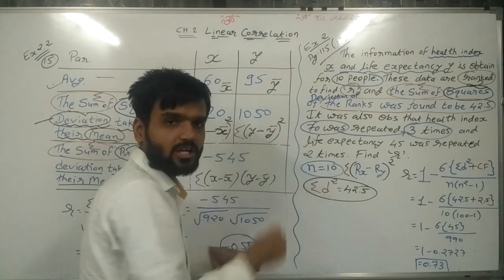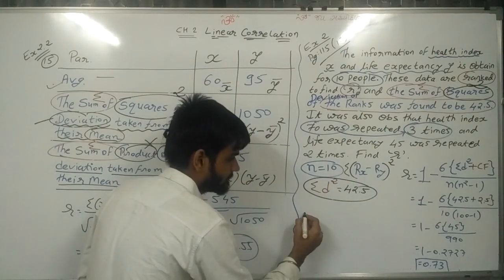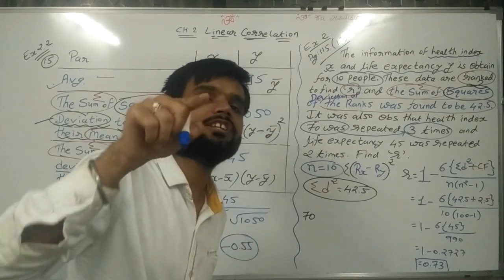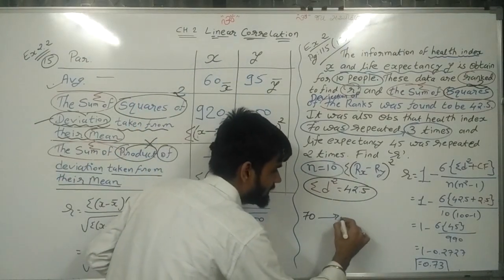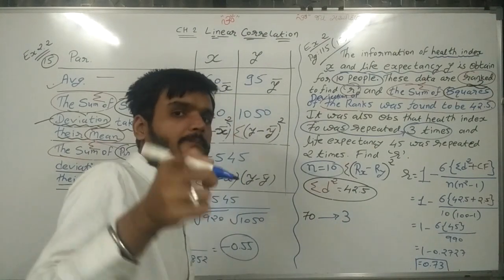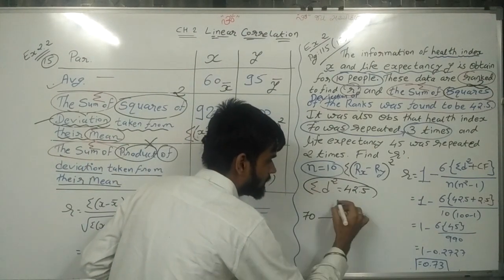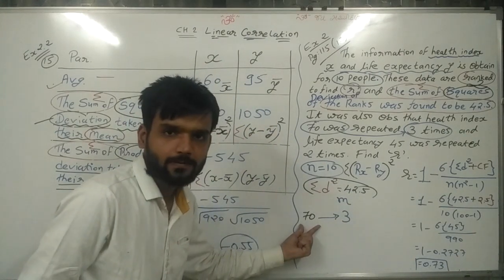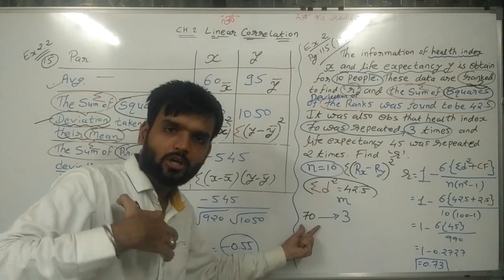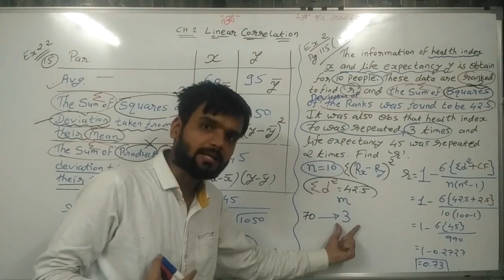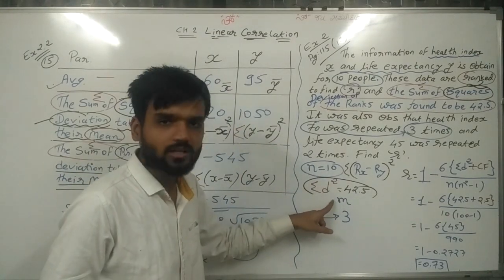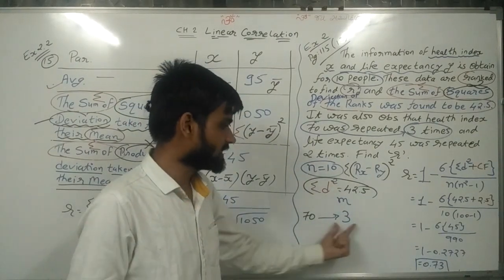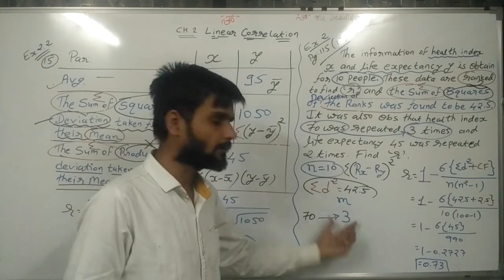Which value is repeating here? 70. But how many times? 3 times. The number of times of repetition is called M. 70 doesn't matter; what is important for us is how many times it is repeating. That is called M. So 70 is repeating 3 times, so M is equal to 3.